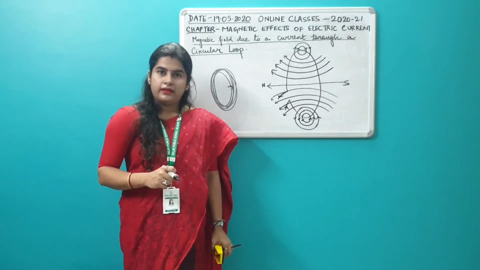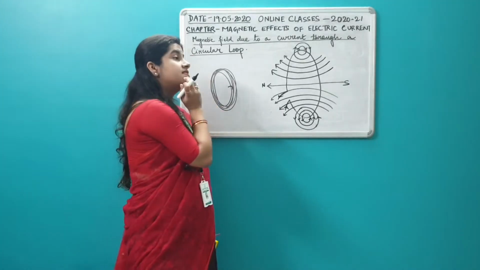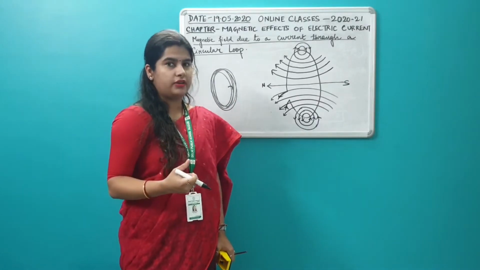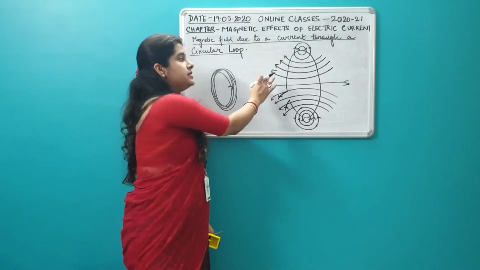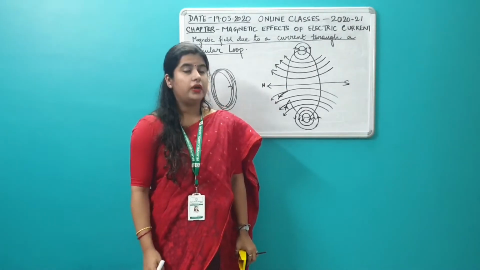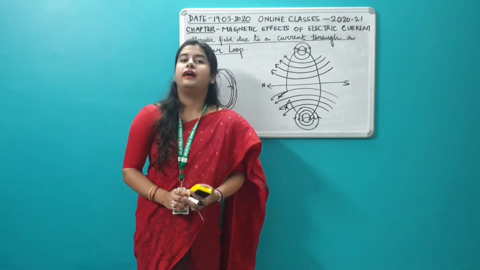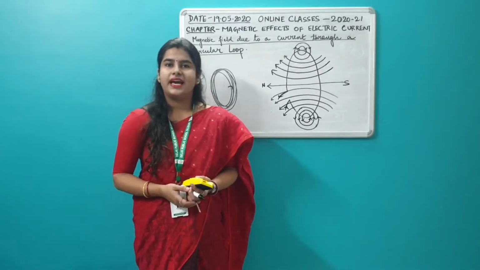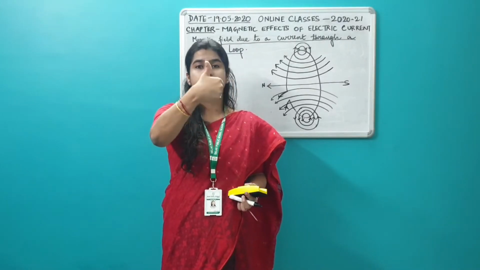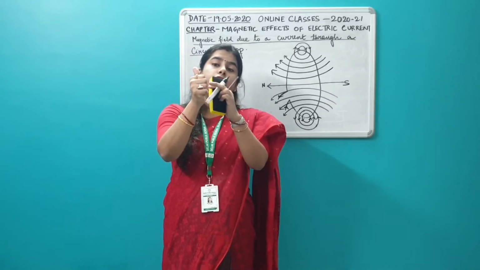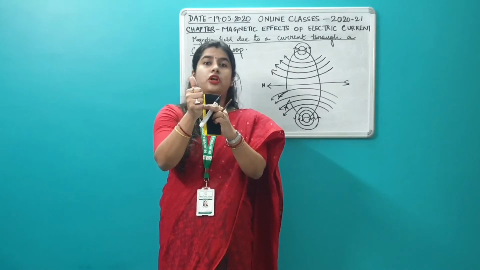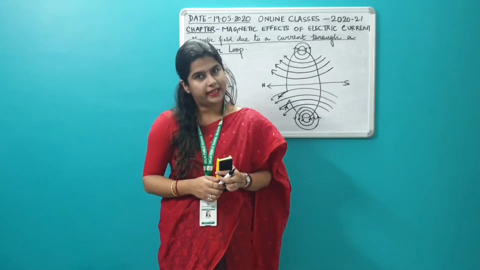Okay. So as a result, the effect of current is also increasing. Now in this case, you can easily find out the direction of the magnetic field lines also. Yes, by using again Maxwell's right hand thumb rule. I hope you remember this rule. The thumb shows the direction of the current, and these 4 fingers that you are seeing represent the direction of the magnetic field lines.